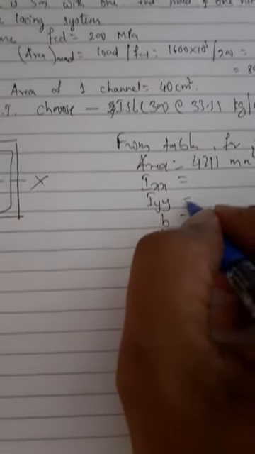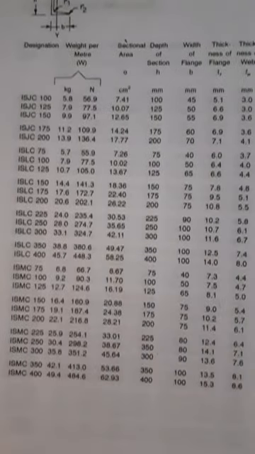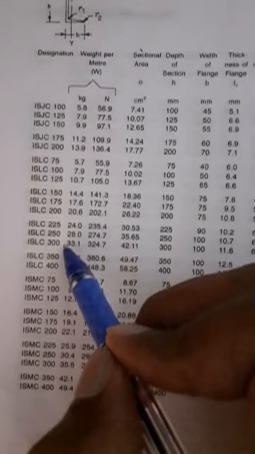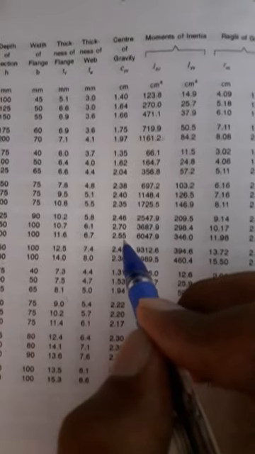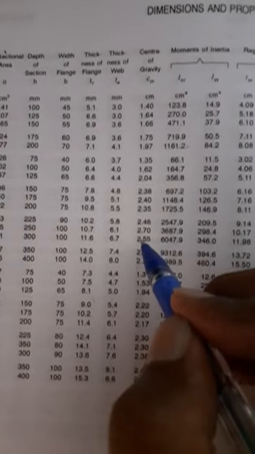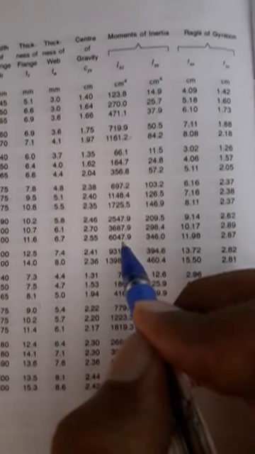All these are required for future calculations. Now for ISLC 300, CYY is 2.55. Next, moment of inertia. You can write these values.